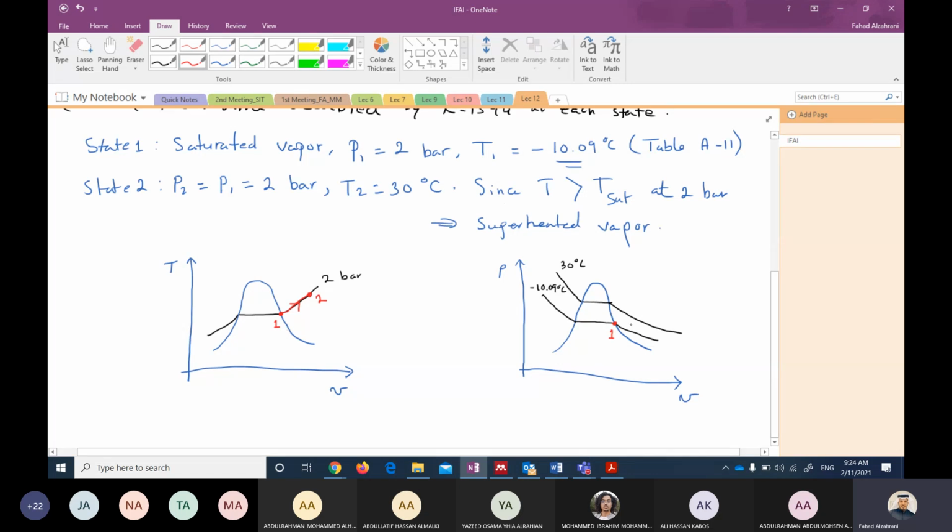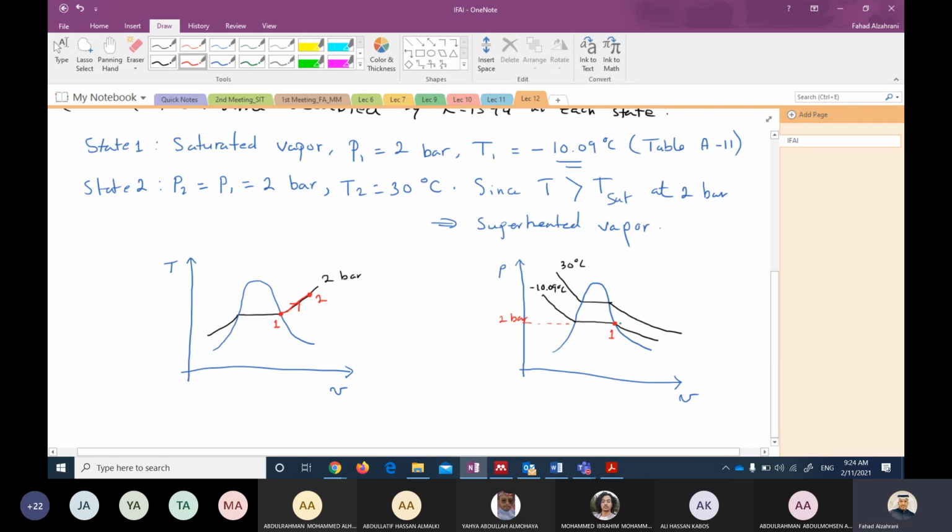What do you expect for the PV diagram? How is it going to look like? Draw a straight line. A horizontal line from the 2 bar. Excellent. A horizontal line, why? Because this pressure is constant. So this is the 2-bar here.